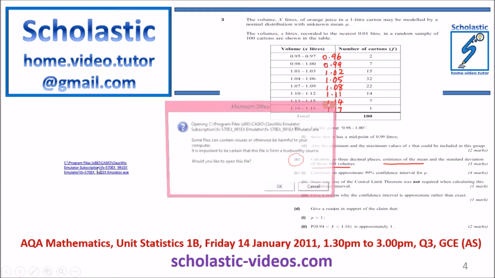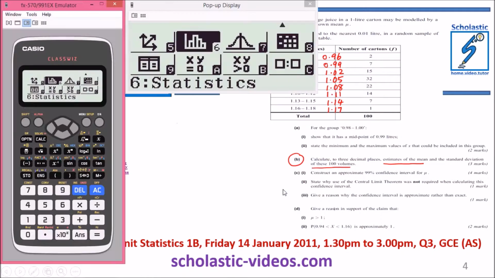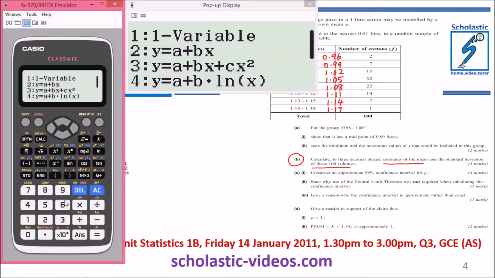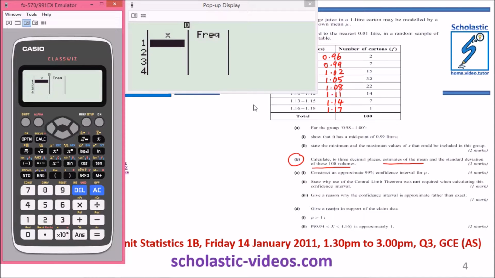Please check whether you can open your calculator and then go to the statistics mode. In my calculator it is number 6 here, one variable, only one variable x, with a frequency, so we can see x and a frequency. You need to find out how to get to this mode in your calculator.